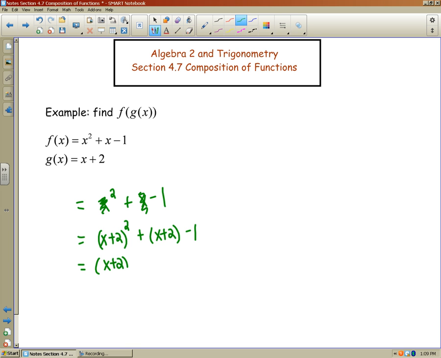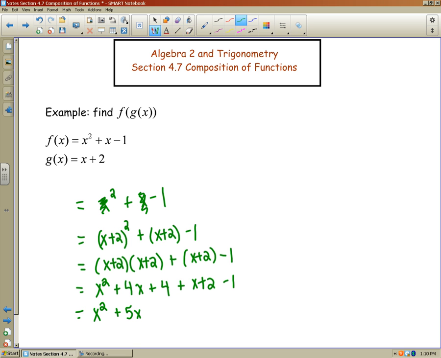Remember that this is x plus 2 times x plus 2. So you have to multiply: x squared plus 2x plus 2x, so plus 4x, 2 times 2, 4, plus this x plus 2, minus 1. Combine your like terms: x squared, 4x plus x, 5x, 4 plus 2, 6, 6 minus 1, 5. x squared plus 5x plus 5. And you're done.